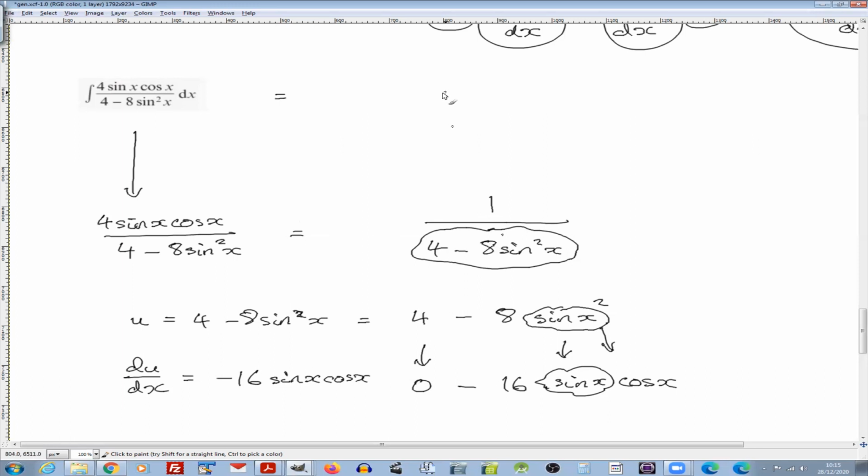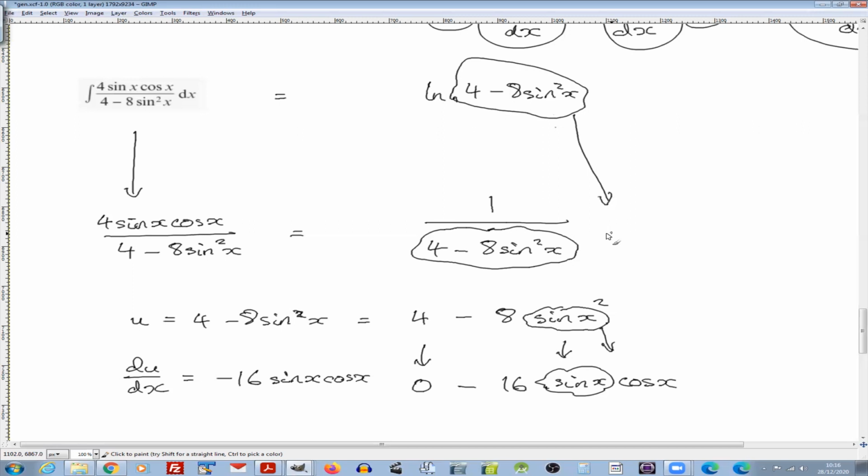So we know the outer function up here is going to be what? What's the integral of 1 over anything? Ln. Right. So what we've got is ln of 4 minus 8 sine squared x. And now we just do the sort of trial and improvement process. We say, okay, what does that differentiate to?